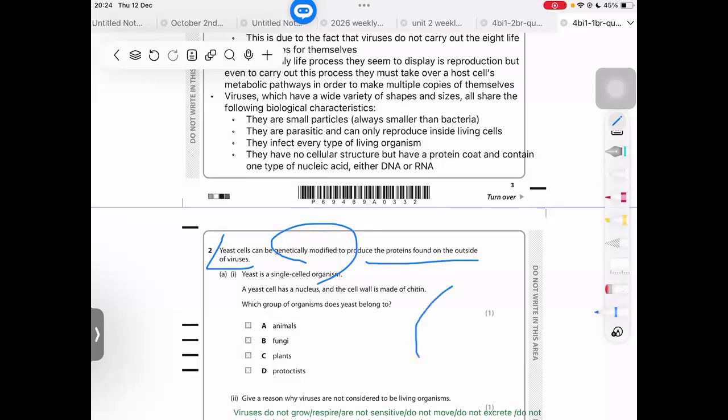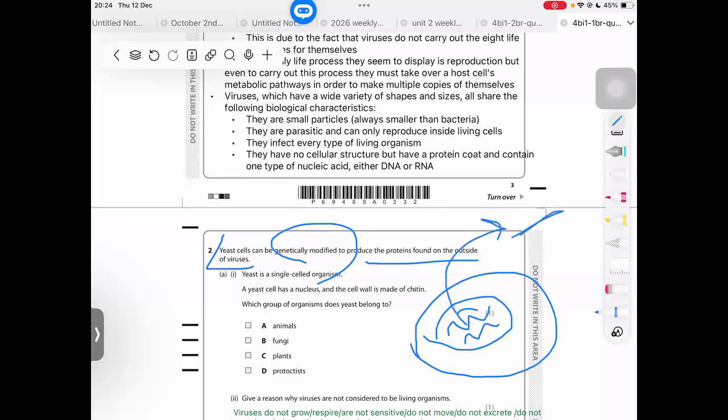Genetic modification means yeast cells in their nucleus already have DNA, but you are taking this DNA out and adding another piece of extra DNA from another organism. And this particular gene taken from that other organism can actually produce a good protein.